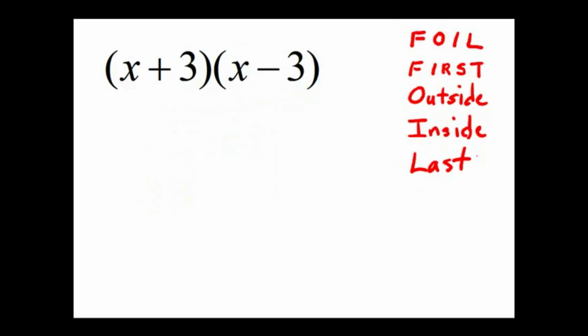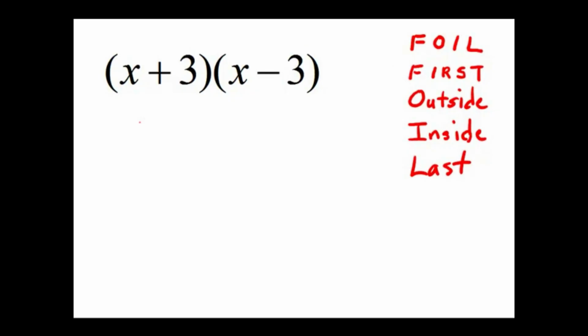This problem is also a binomial times a binomial. So we will do the FOIL method. We'll do the first term in each set of parentheses. So x times x will give us x squared. We'll do the outside edge. X times negative 3 will give us a negative 3x.